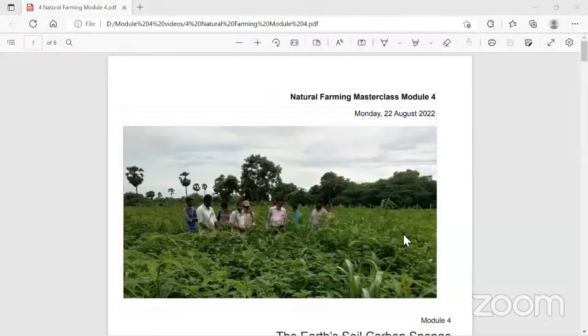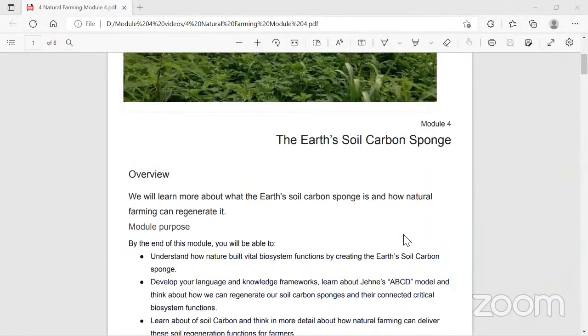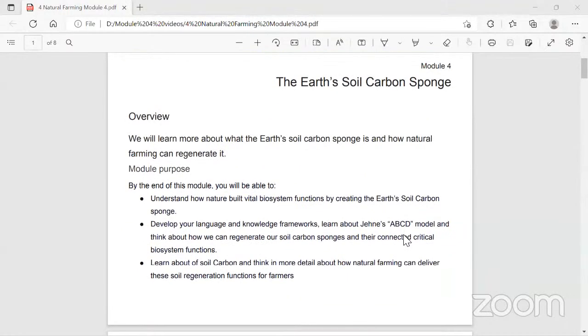So this module is about soil sponge, the Earth's soil carbon sponge. See, by the end of this module, we should be learning certain things. Since this is a new set of knowledge, you need to familiarize yourself with the way certain concepts are explained and the terminology used.